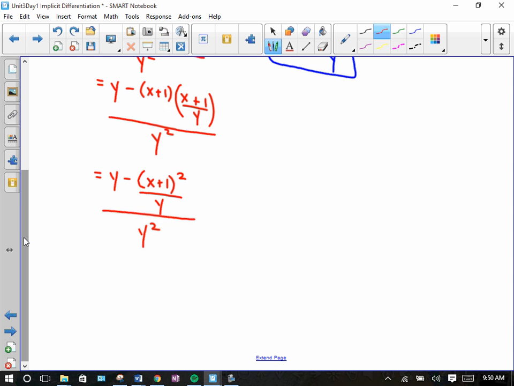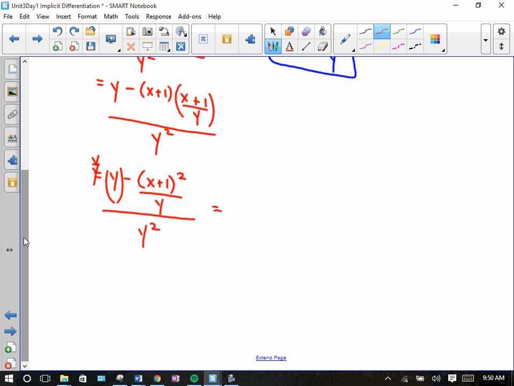We can simplify this so we don't have a fraction in a fraction. We can't combine this y and this fraction because they don't have the same denominator. I can make them have the same denominator by multiplying y by y over y.